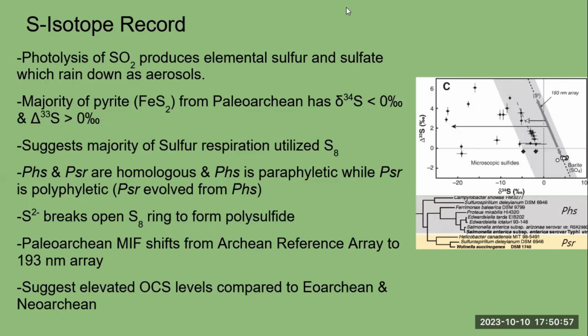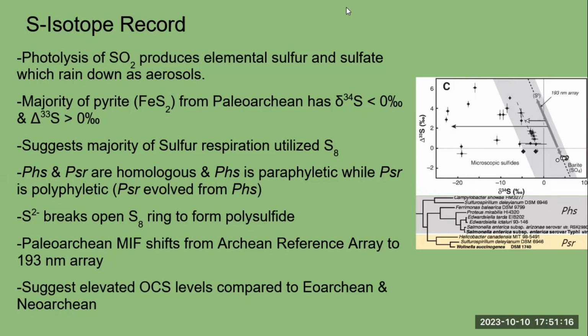When did the advent of elemental sulfur reduction come into the picture? Thiosulfate reductase and polysulfide reductase are homologous enzymes, but when placed on a phylogeny, thiosulfate reductase are paraphyletic, while polysulfide reductase are monophyletic.